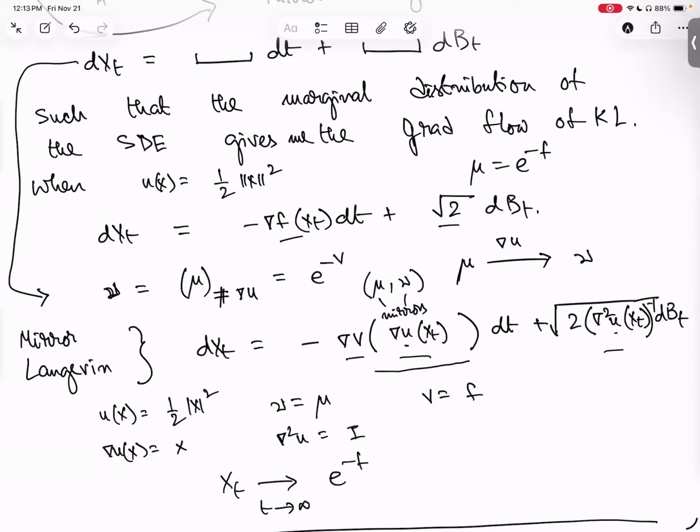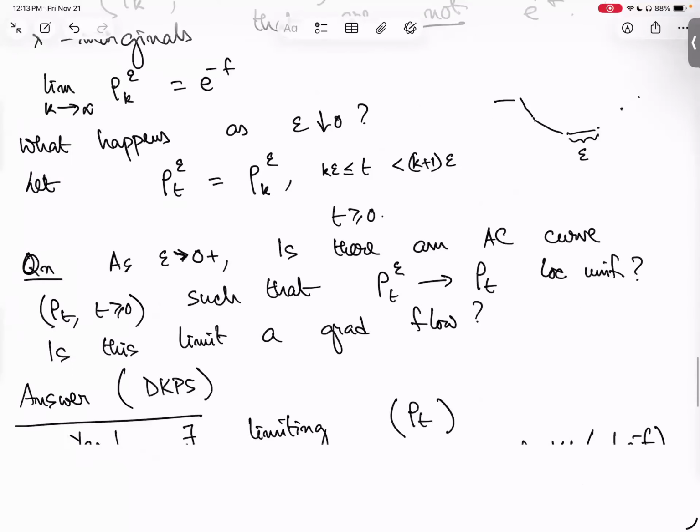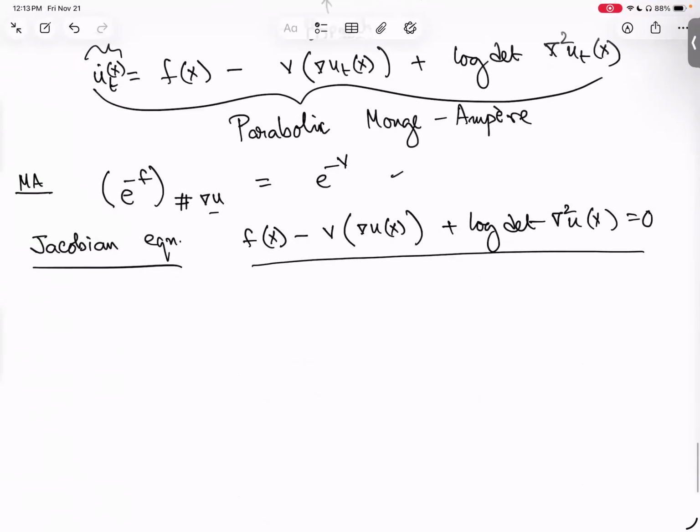Okay, this u is not the same u over time. It will depend on the law of X_t. But otherwise, it is exactly the same mirror Langevin diffusion. It's a non-stationary version of the mirror Langevin equation. So that's a third equivalent description of the process.